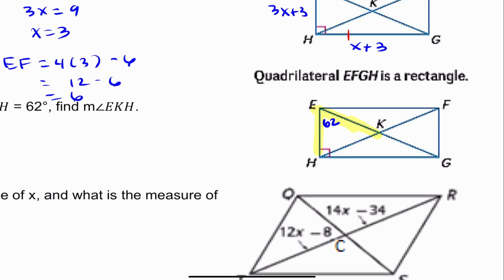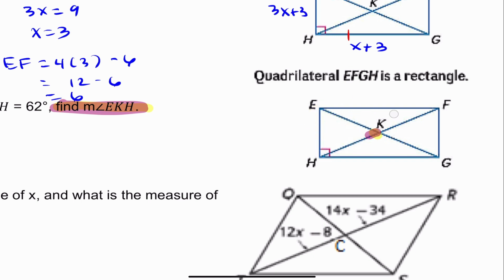We're being asked to find the measure of angle EKH. Okay, so it's this angle that I'm looking for. So this is something that you have to understand about a rectangle. Let me just go ahead and rewind.